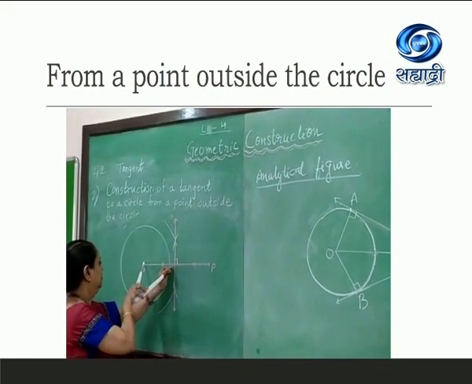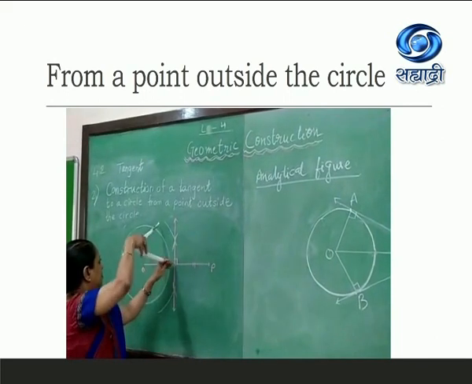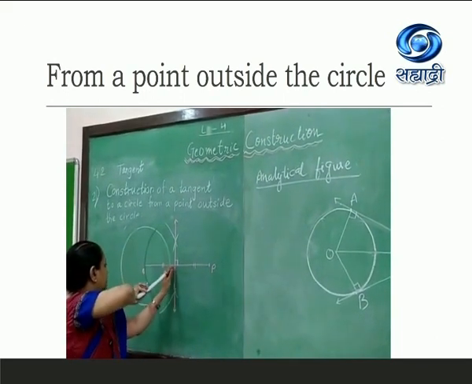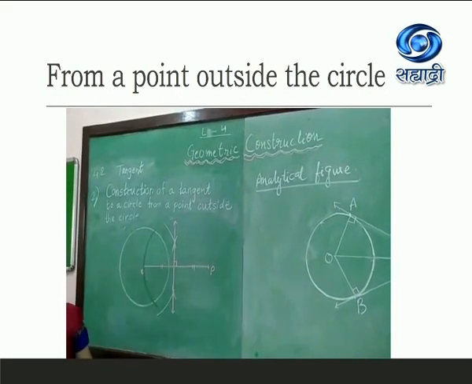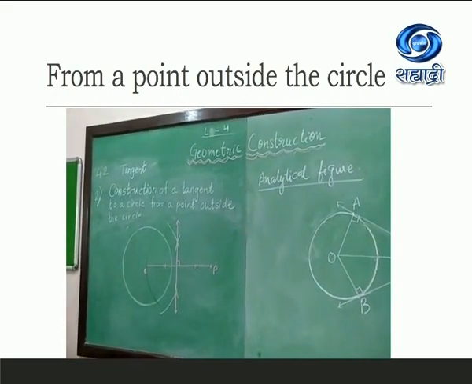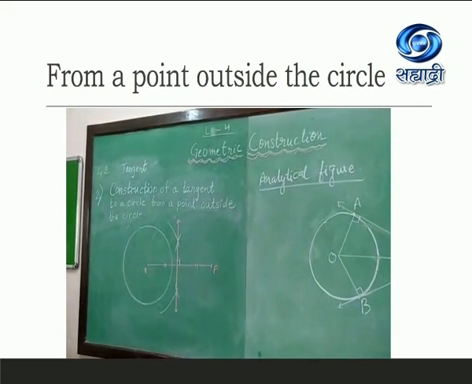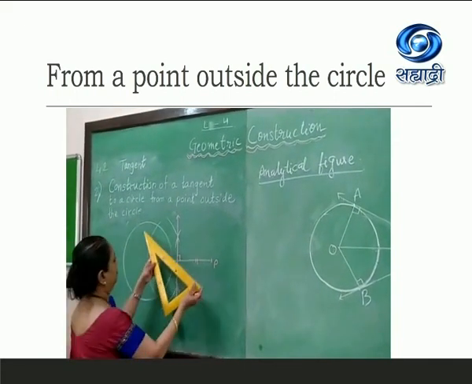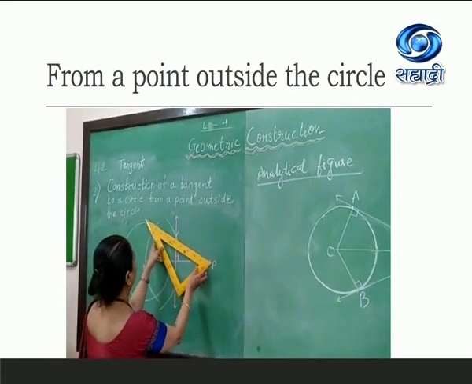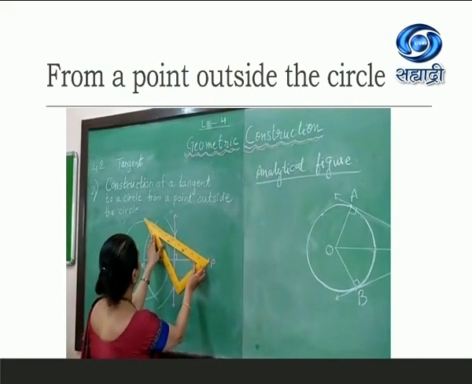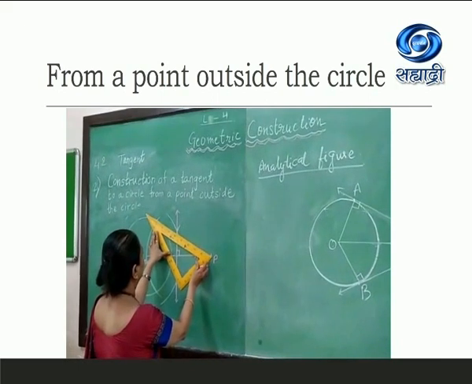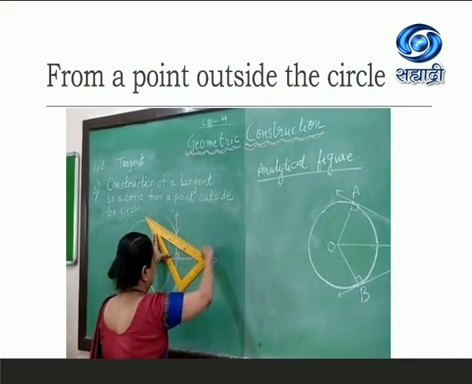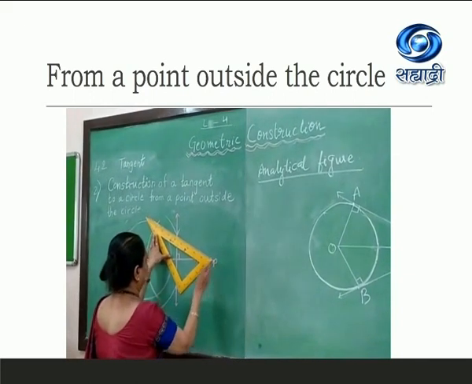Taking that midpoint as the center and OM as the radius, draw a circle, a half circle, or just two arcs, whatever it is. A complete circle also you can draw, your marks won't get cut for that. Here this arc is touching the circle at two distinct points. Those points and P you join. Your points are A and B. So join AP and BP.